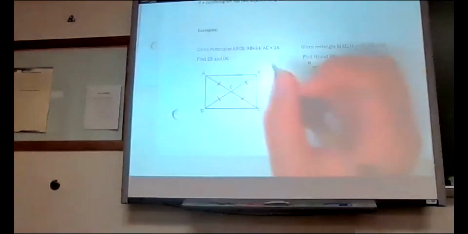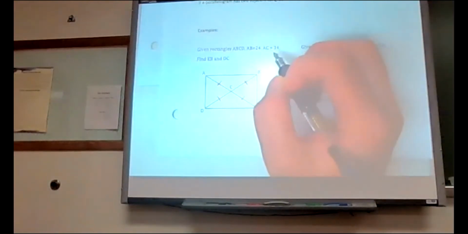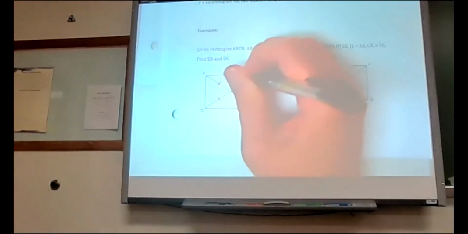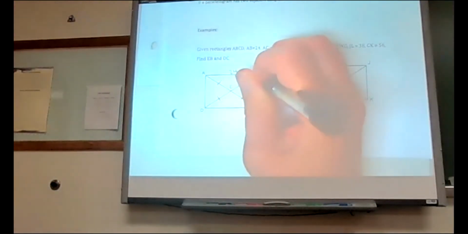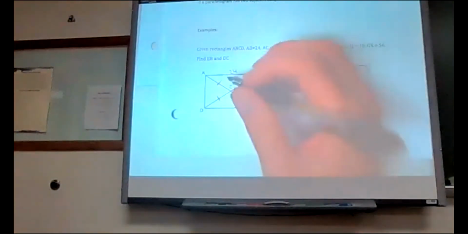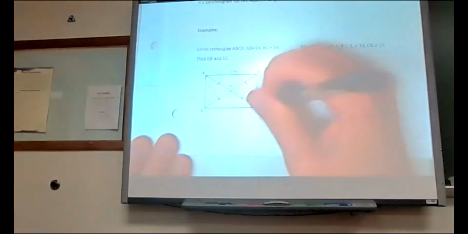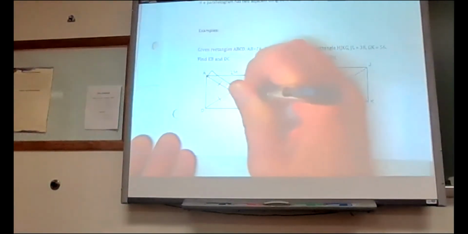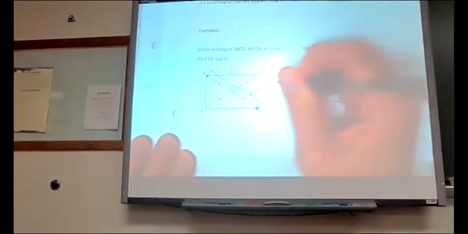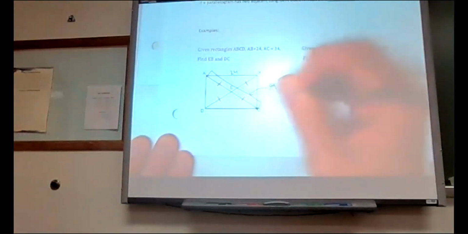The pieces it tells me is that AB, which is here, A to B is this length, is 24. That A to C, so this whole length from A to C, from here to here, that's 34.